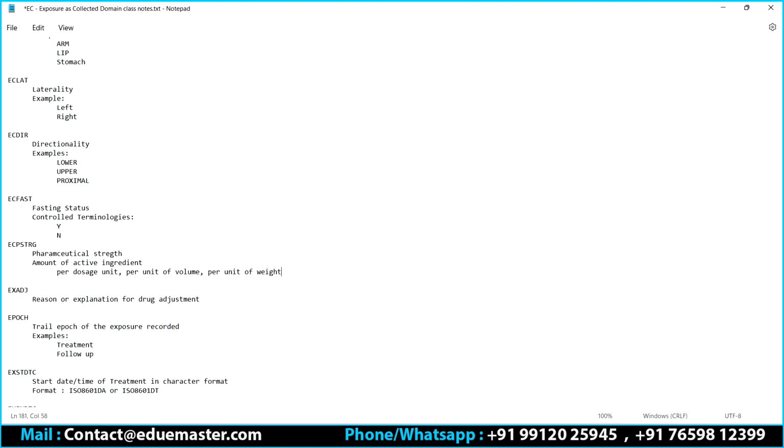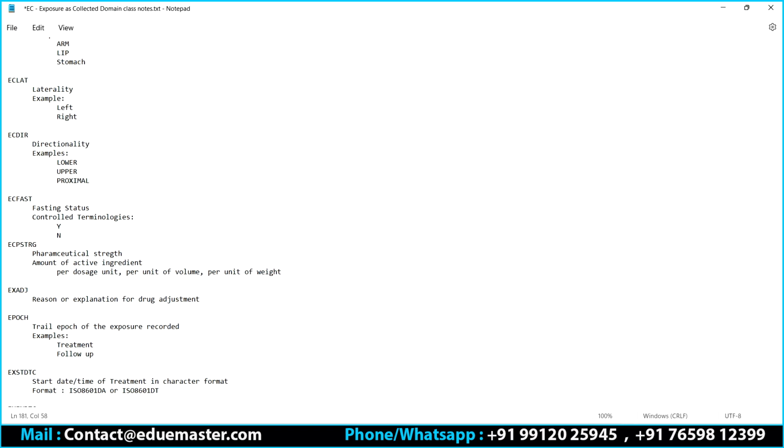Suppose if it is an injection, you need to go with 2 ml on each dosage. So per unit weight or per unit volume or per dosage unit, we mention this. It is all about the amount of the active ingredient of your particular medicine. It only talks about your active ingredient details.